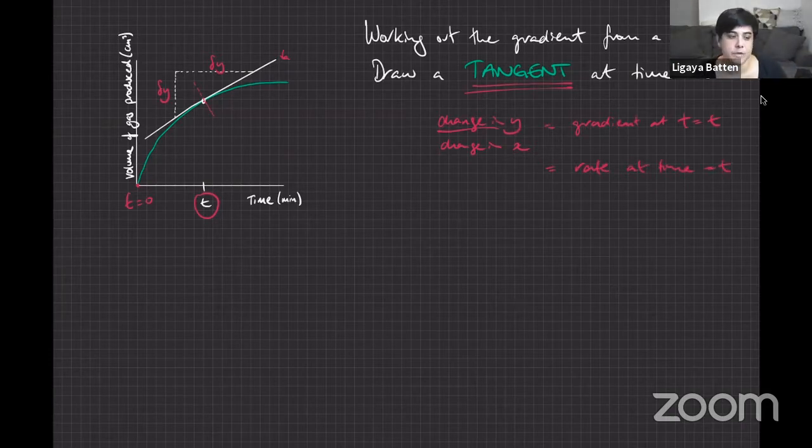Okay, so we can calculate the rate of any reaction from the gradient of the graph that's showing the progress of reaction, so whatever you're measuring the progress in over time.